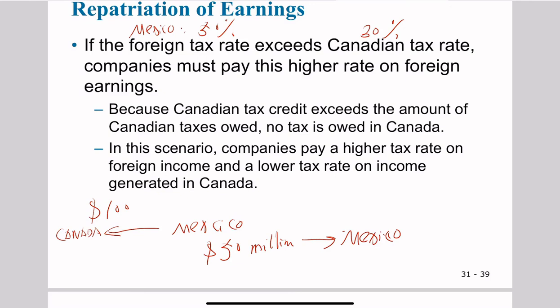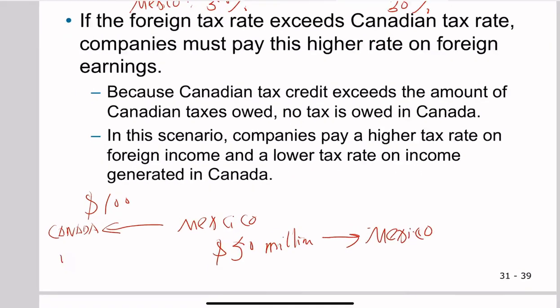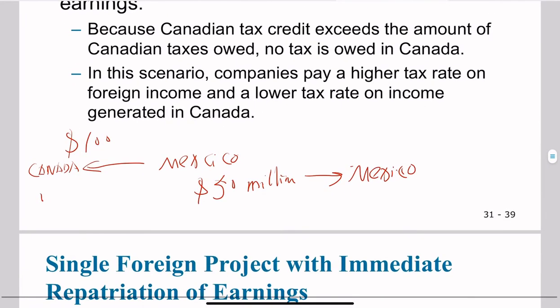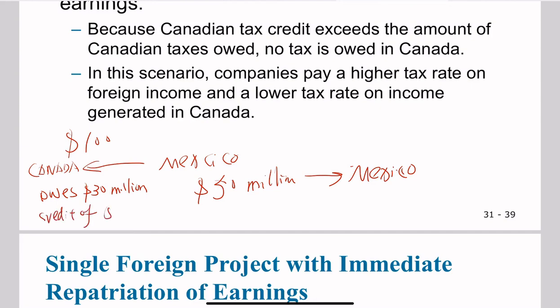of tax to, let's say, Canadian Revenue Agency. Right? So the firm owes $30 million of tax. But now the tax paid in Mexico will become tax credit in Canada, right? It will have a credit of $50 million.